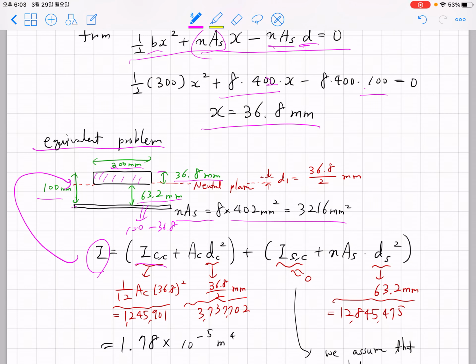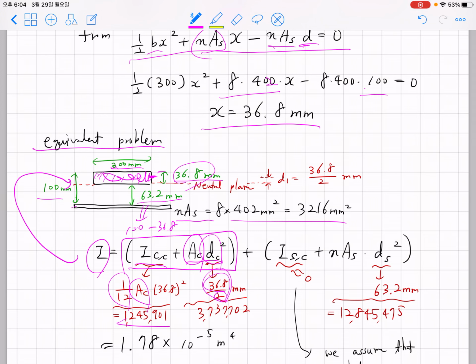So we have the equation, which is 1/12 times width times height cubed. Regarding the parallel axis theorem application, we know the concrete area Ac, which is 300 multiplied by 36.8 square millimeter, and dc is 36.8 divided by 2. This is the distance to the centroid of this upper block. That's why we have this factor of 1/2 here. So we end up having these values.